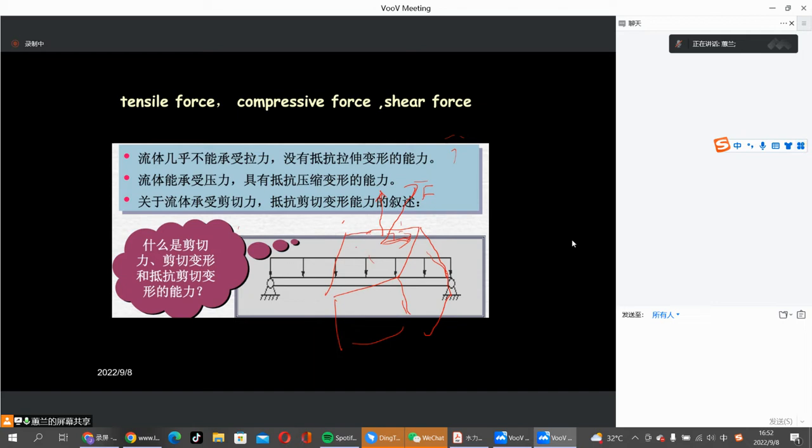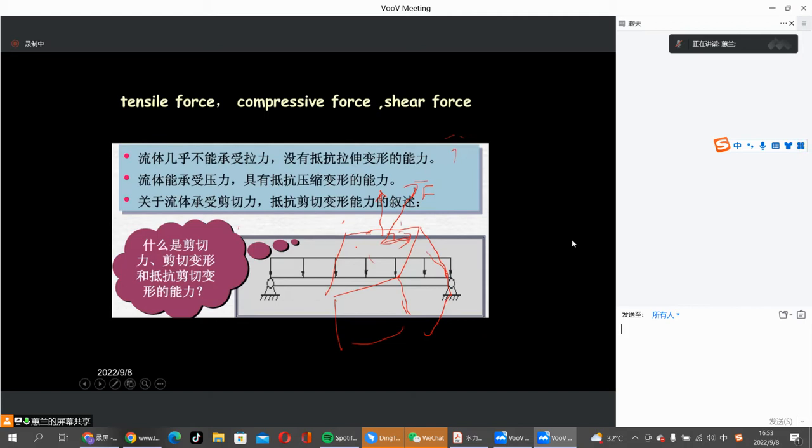For fluids, they can't resist tensile force, so they have no ability to resist linear deformation.